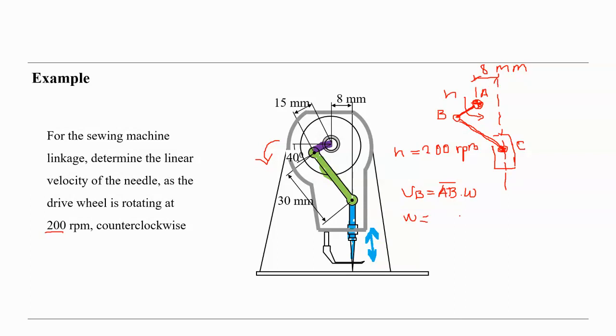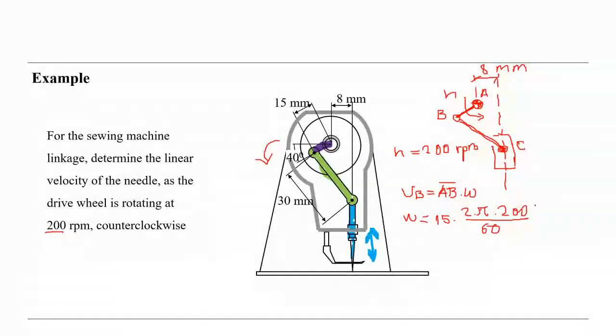So then omega is equal here, AB is 15 millimeters, so 15 times omega, which is 2 times pi times 200 over 60, because we have to convert to seconds.